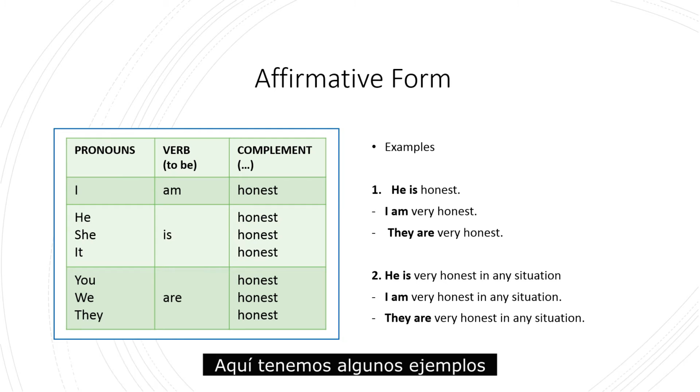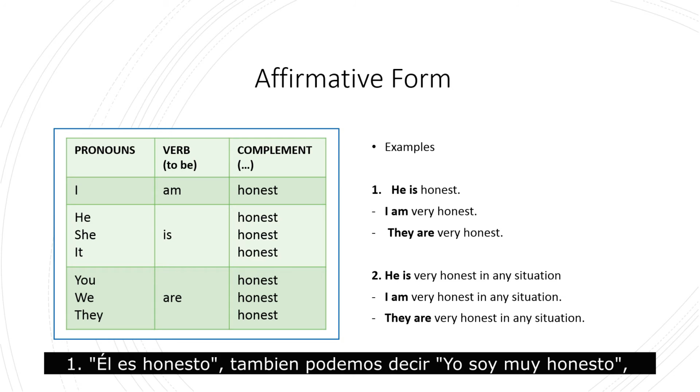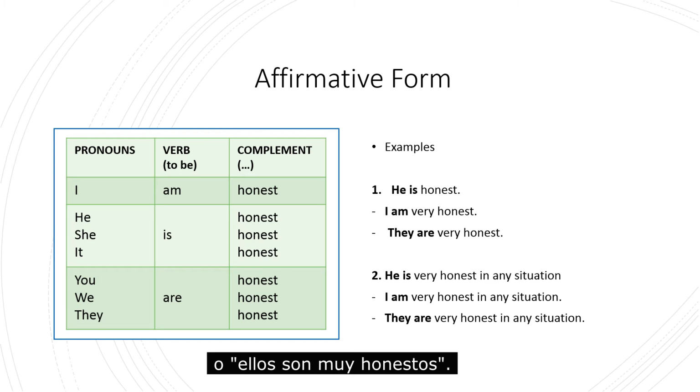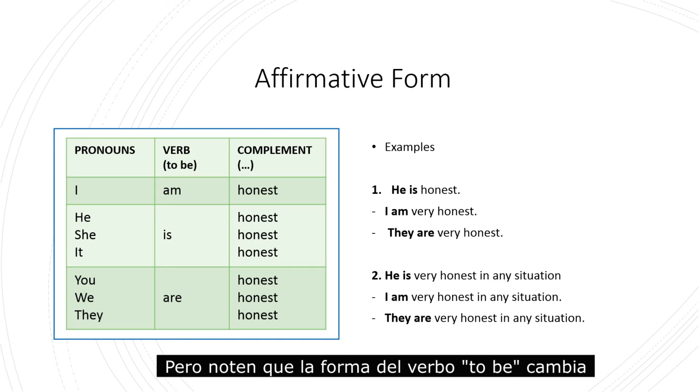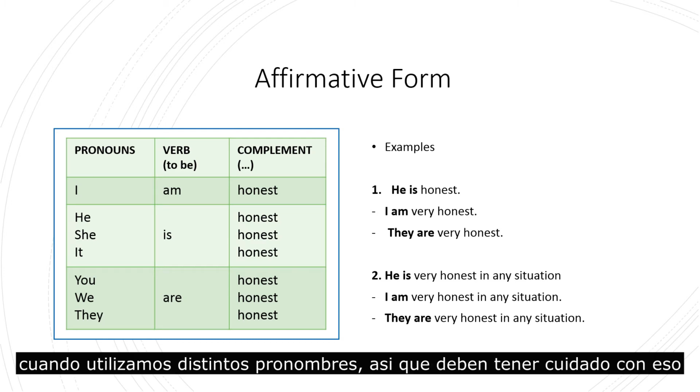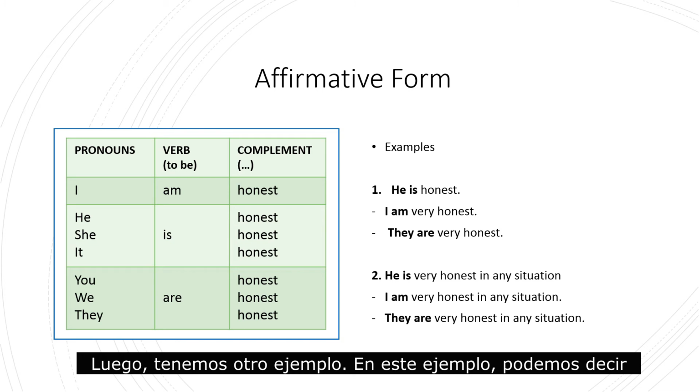So here we have some examples. Number 1, he is honest. We can also say I am very honest, or we can also say they are very honest, okay? But notice that the form of verb to be changes when we use different pronouns, okay? So you need to be very careful with that. Then we have another example.